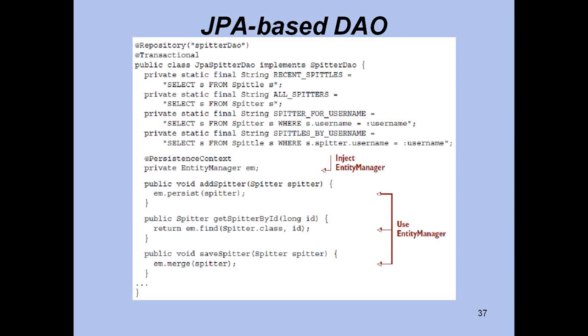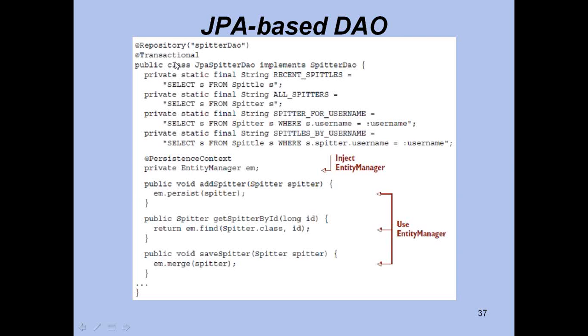Let's look at an example of a JPA based DAO. Here, there is an entity manager, and you are not instantiating anything. This value is injected through Spring, and you see various annotations here.